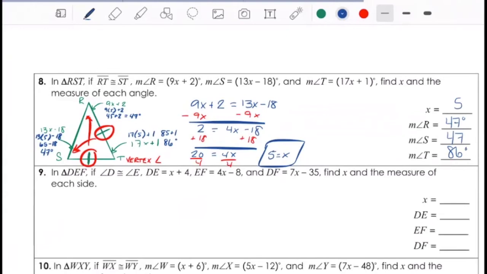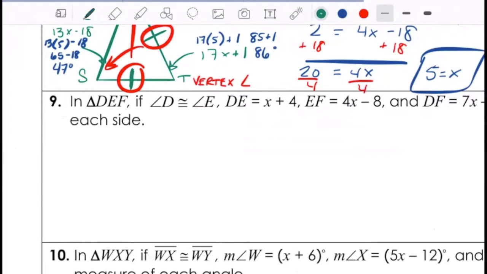All right, triangle DEF. Angle D is congruent to angle E. So let me see if I can get this picture right, not trying to mess with y'all's brains. So we get our isosceles triangle. There we go.